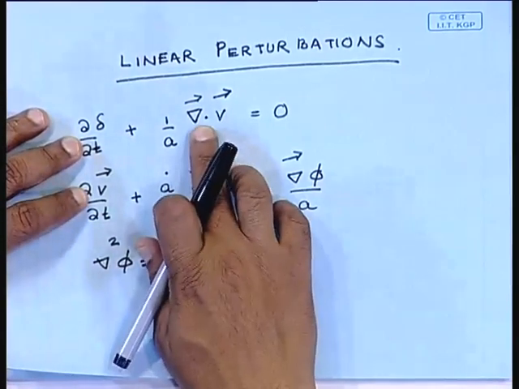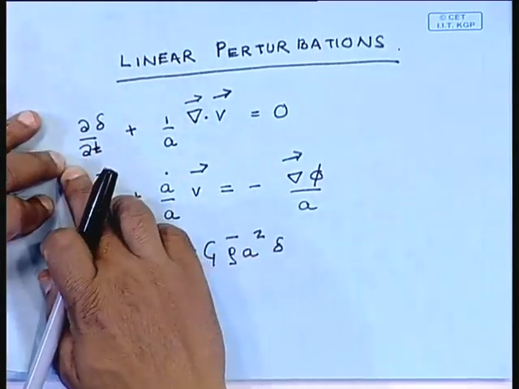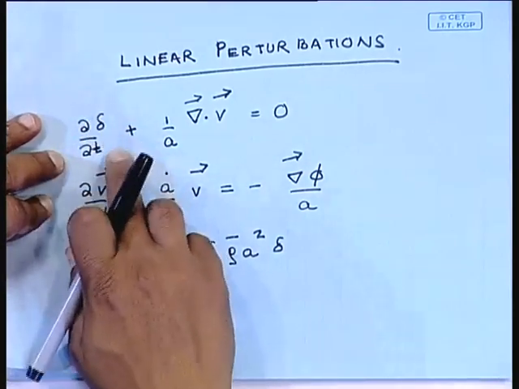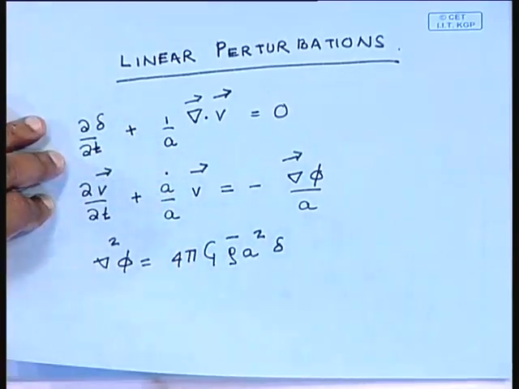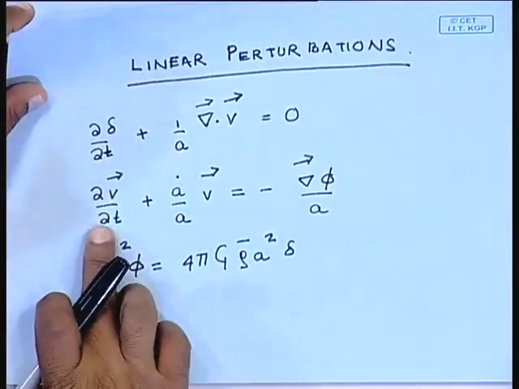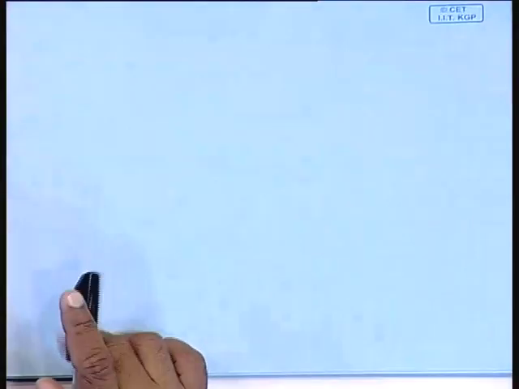So the divergence of V is A into the partial derivative of delta with respect to time, with the negative sign. So let us write down this first term first.